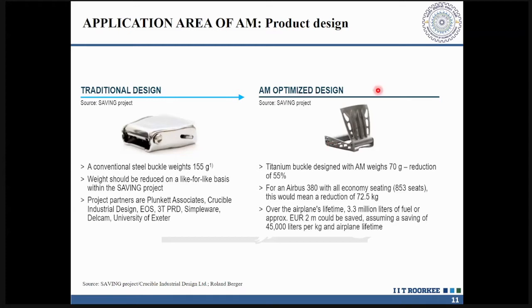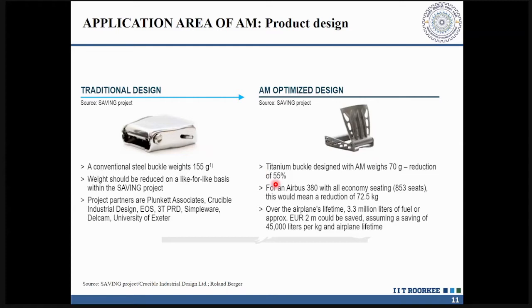So they said, let us manufacture this prototype of the buckle in titanium, having certain perforations, using additive manufacturing techniques, and they started using SLS. When they manufactured it, each titanium buckle weighed around 70 grams. It means from 155 grams they got to 70 grams, an average reduction of 55% over a single buckle.